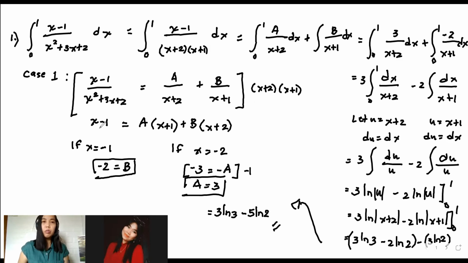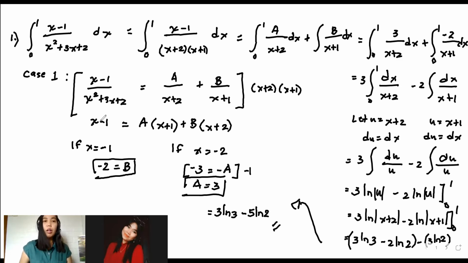The answer is x minus 1 equals, cancel x plus 2, what remains is x plus 1. So we'll have A multiplied by x plus 1. B, cancel x plus 1, we will have x plus 2. And then you equate your factors to 0, both of them. So you will have the values for x, negative 1 and negative 2. Then you substitute your value in this part.